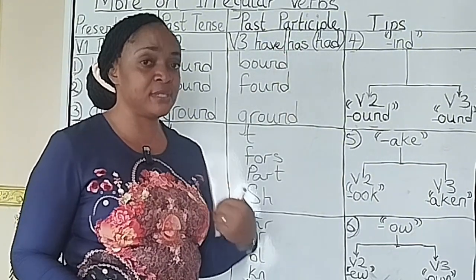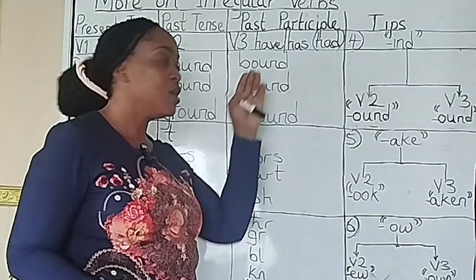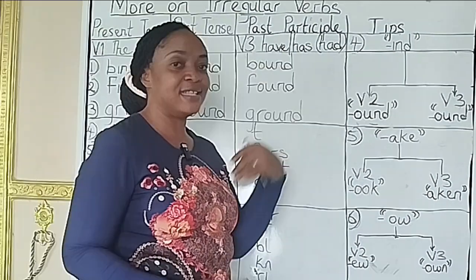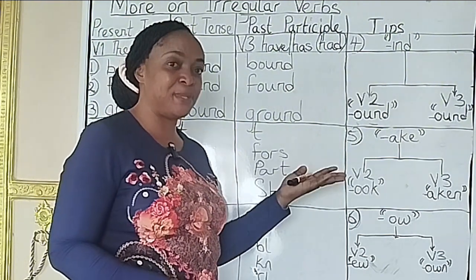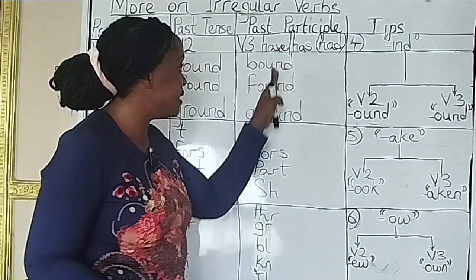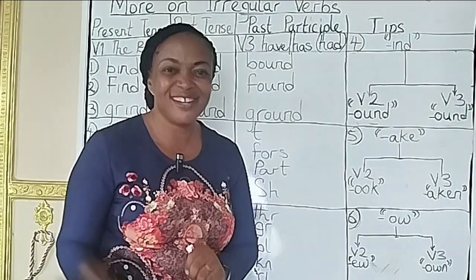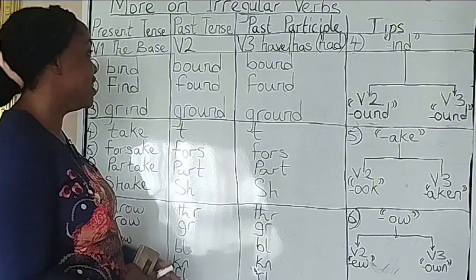Has for the third person singular, he, she, it, and every other person will say have. These are the auxiliaries, and we still maintain the V3 whenever these 3 are used. All right, let's swing into action.